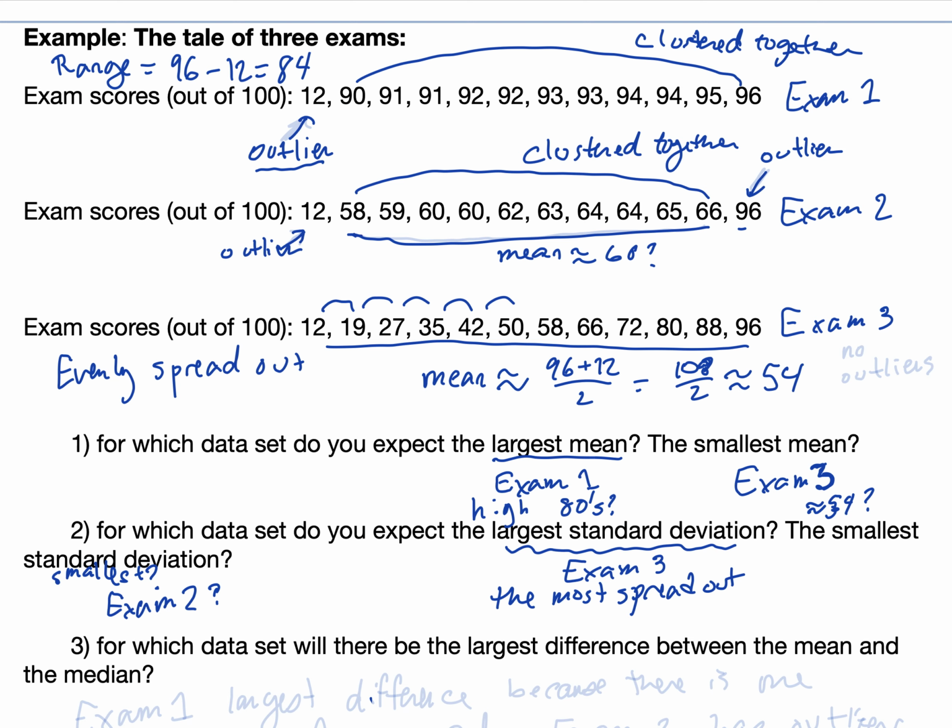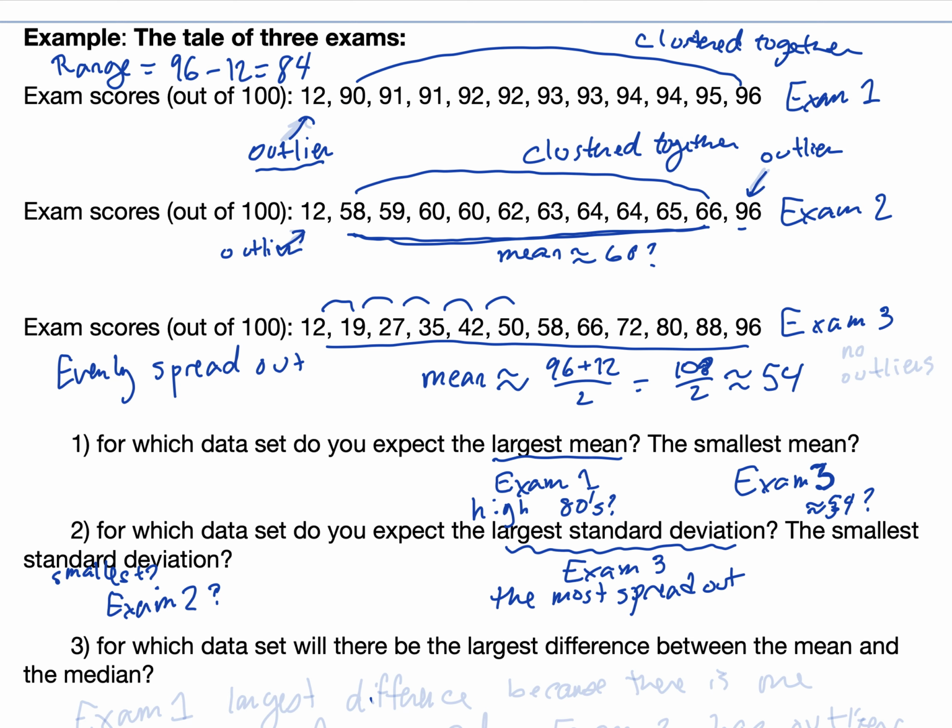But these are clustered closer to the mean of 60, whereas in exam 1 we estimated a mean in the high 80s, so both the upper cluster and the lowest value are going to be farther from the mean. And so we think that maybe exam 2 will have the smallest standard deviation.